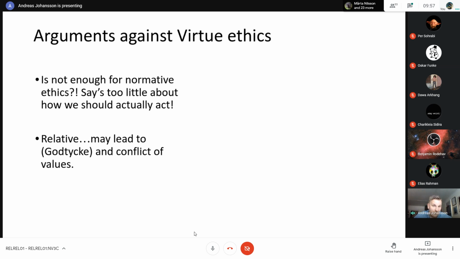Consequentialism, and now deontology, gives us clearer guidelines on how to act: is it the consequences, or is the action right or wrong? Virtue ethics, potentially in the middle ground, doesn't say too much on how we should actually deal with certain situations, and is potentially a little bit optimistic. Do we really do that in our day-to-day lives?